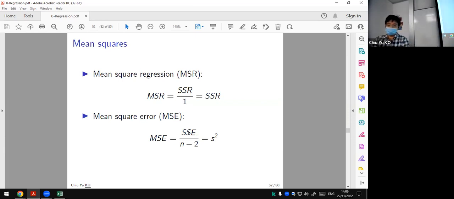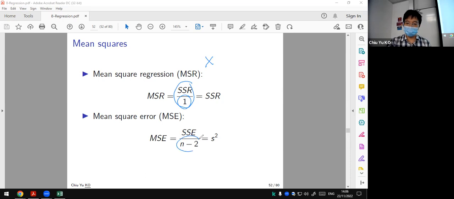And here I want to say something about the MSR and MSE, okay? Why is the degree of freedom for MSR 1? Because we have only one group here, which is we use the X to explain, so that's why it's 1, okay?